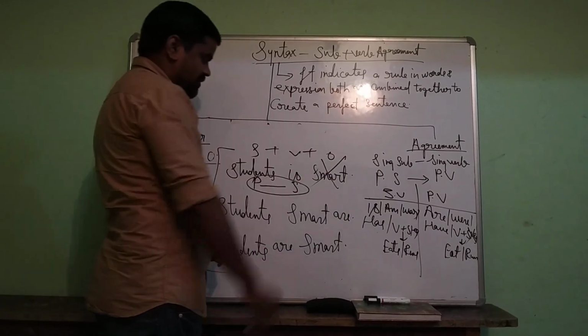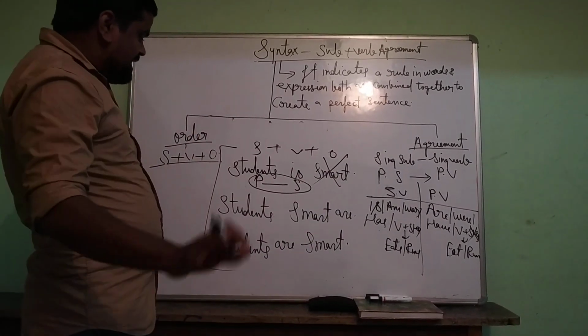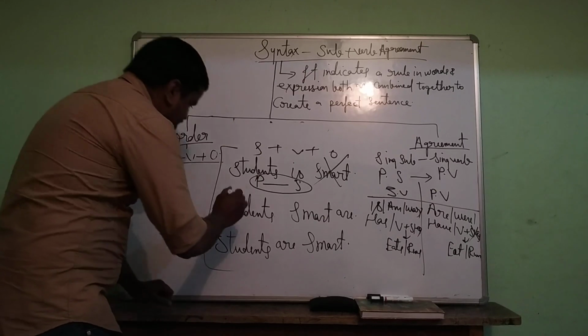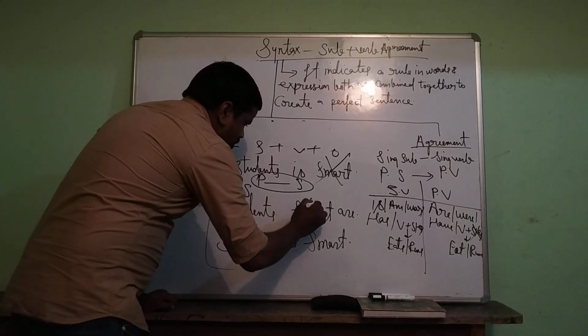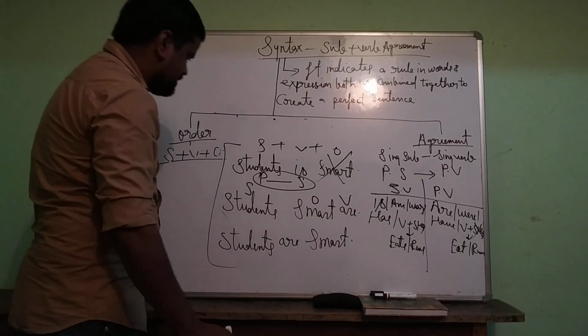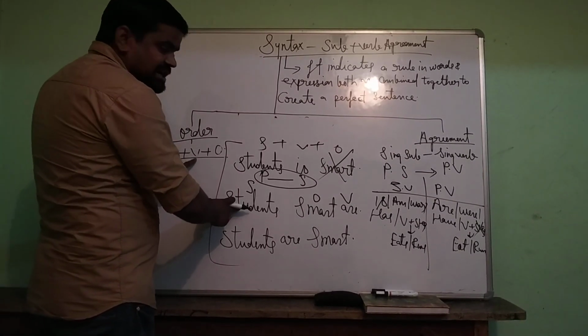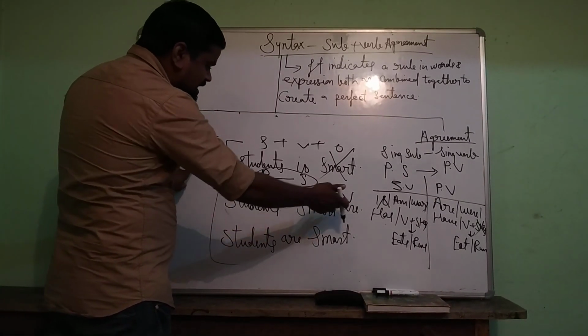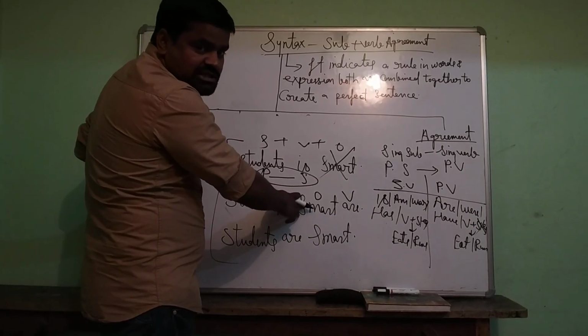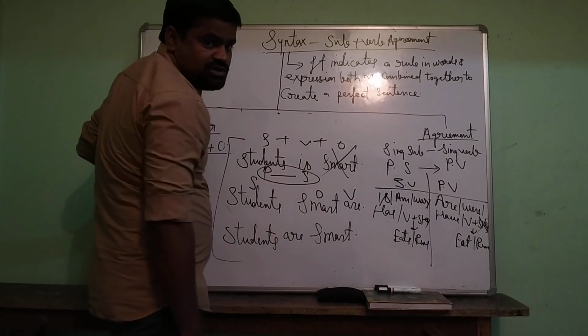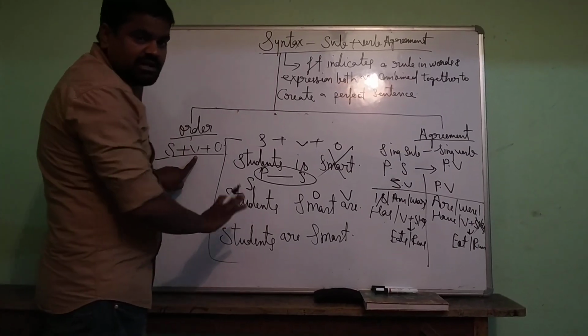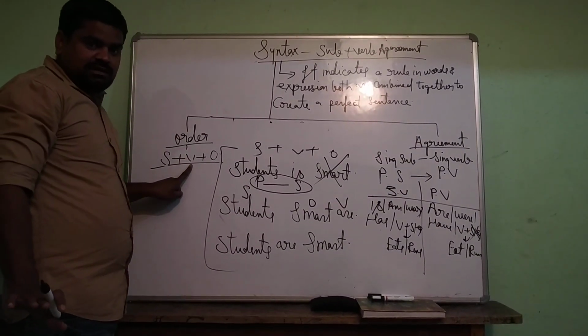The second point: look here, it's subject, object, and verb. First the subject, and on the second position should be the verb. But here I have applied the object on the second position and the verb on the third. Order is incorrect.